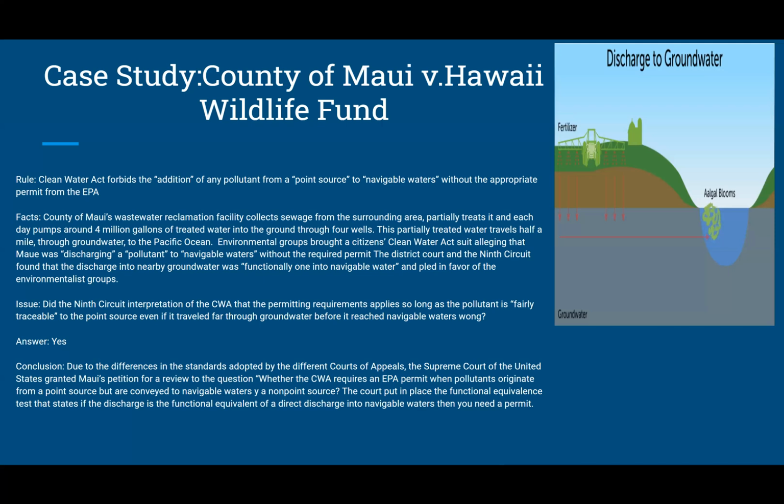It states that if the discharge is the functional equivalent of a direct discharge to navigable waters, then you need a permit. So you need to be able to prove that this amount of discharge, in this case 4 million gallons, is directly going to the water source, and it has to be equal to whatever they're discharging to whatever the water source goes.